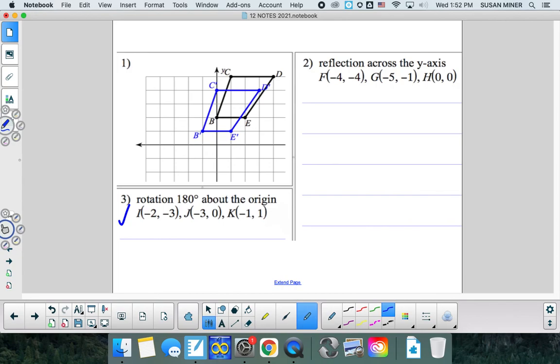This one's a rotation. What will be the coordinates of the prime points after we've rotated this? Is this a translation? Is this a reflection? Is it a rotation? It could be a dilation. So we have to know how to figure out what kind of transformation has taken place. So use your notes to help you figure out those things.